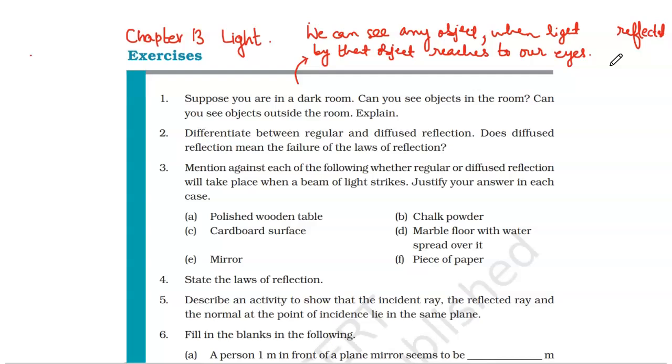So now if you are in a dark room, can you see objects in the dark room? In the dark room, can light be reflected back by the object? No. So we cannot see objects in a dark room. In a dark room, no light is reflected by the object.